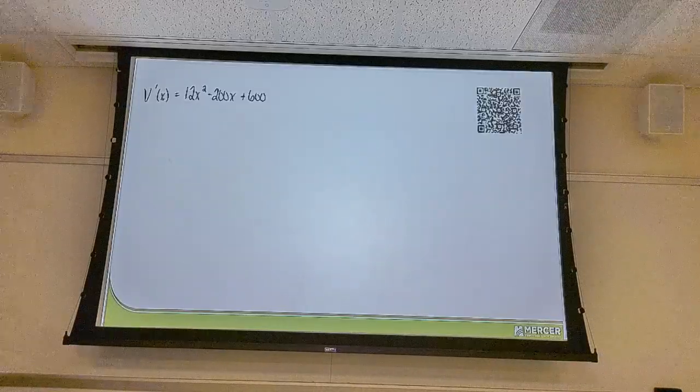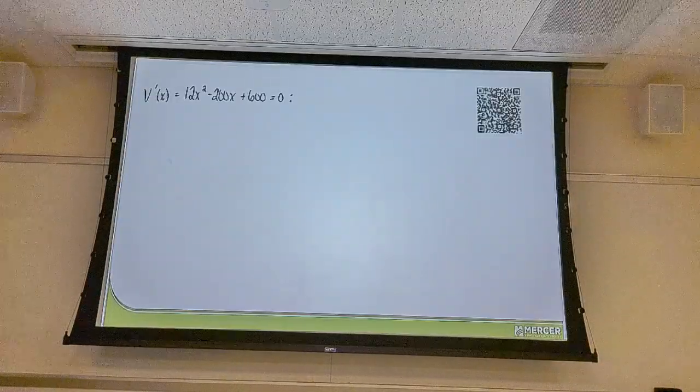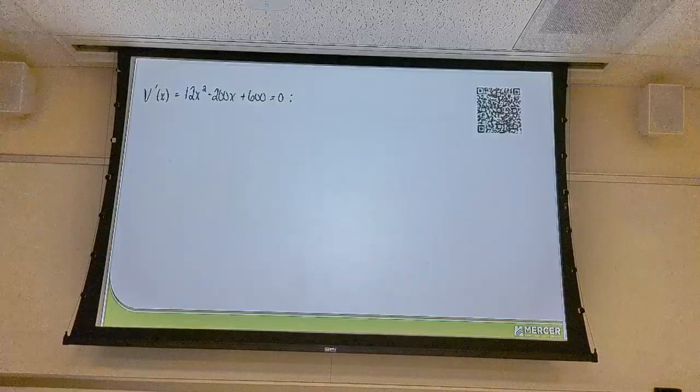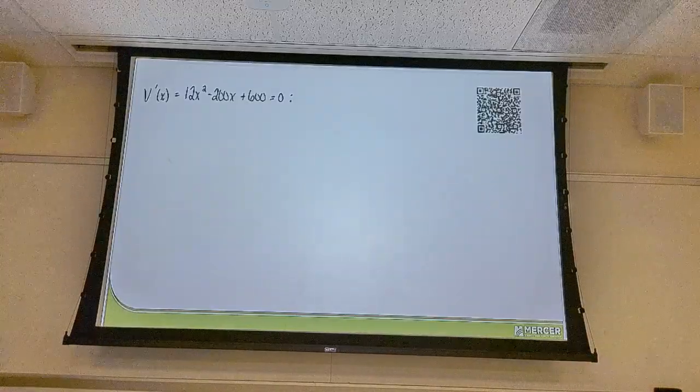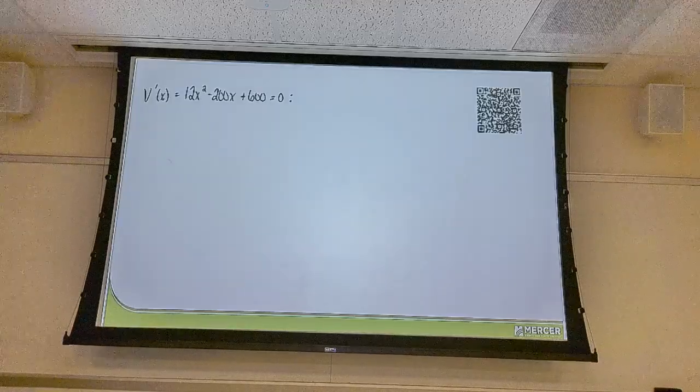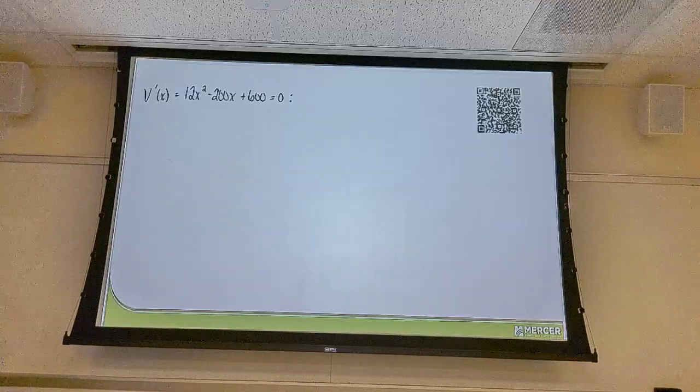No. So set it equal to 0 and solve. There is at least a 4 in common.